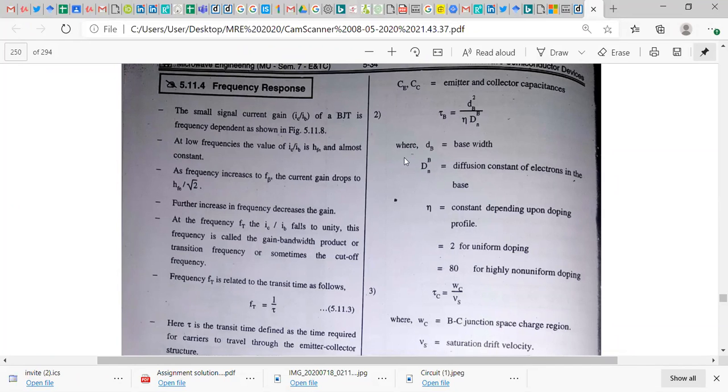Gain bandwidth product of BJT is always constant.